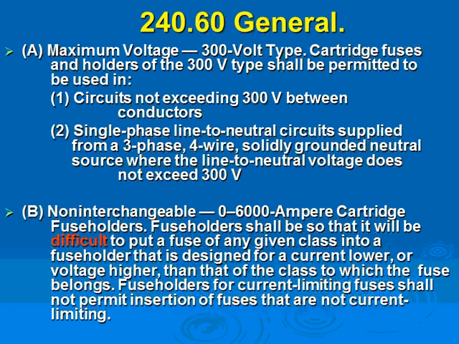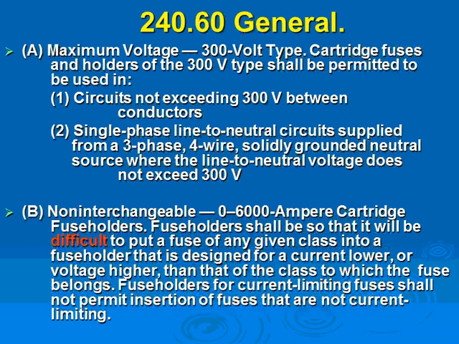Then you move into maximum voltage for fuses. There are 300 volt type cartridge fuses. The name says it: this is rated for 300. So the fuse and the fuse holder are rated for 300, not over 300.